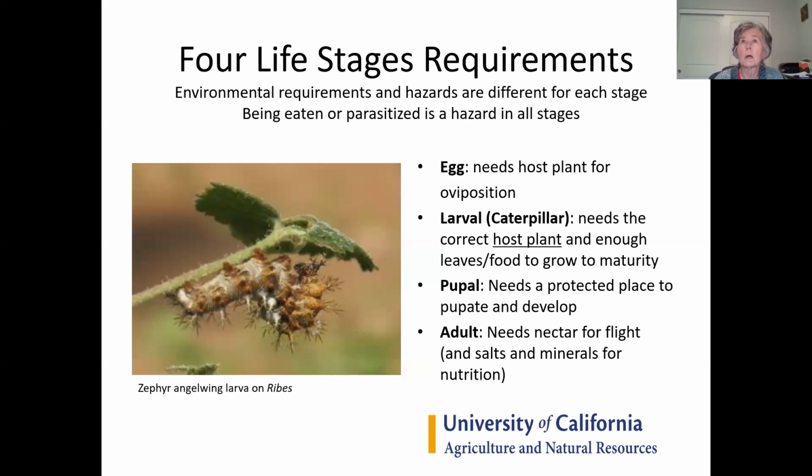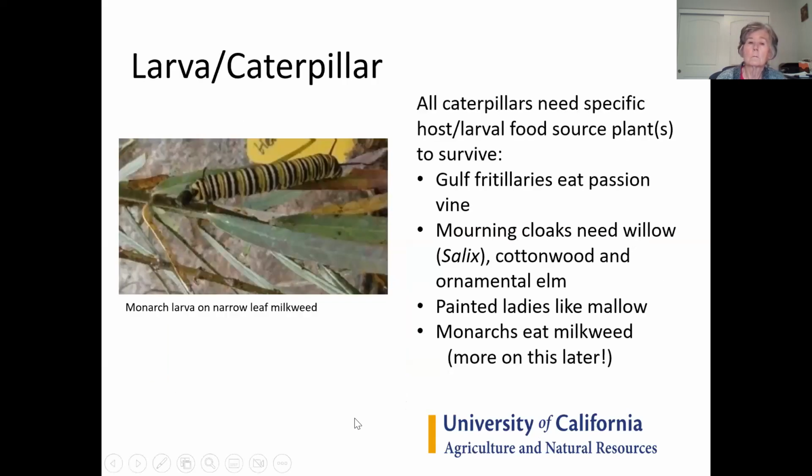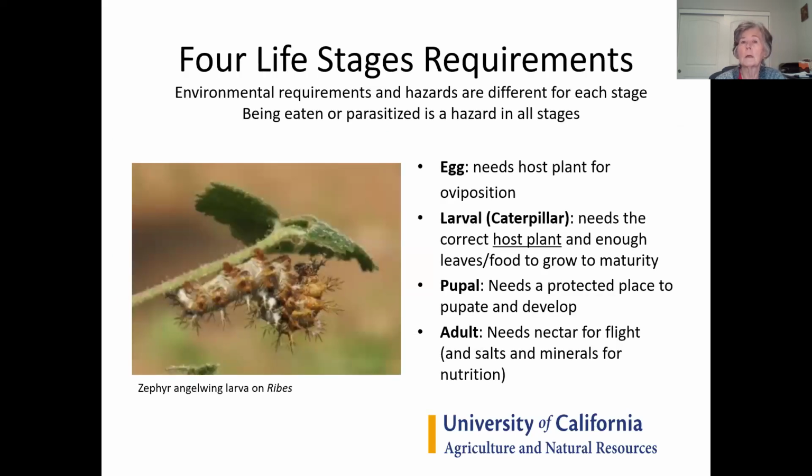Each species of butterfly has very specific host plants with enough leaves or food to grow to maturity. From the larval stage, they go into the pupal stage, which needs a protected place to pupate and develop. And finally, the adult stage needs nectar for flight and salt and minerals for nutrition and to mate. Okay, let's look at each stage a little bit more closely.